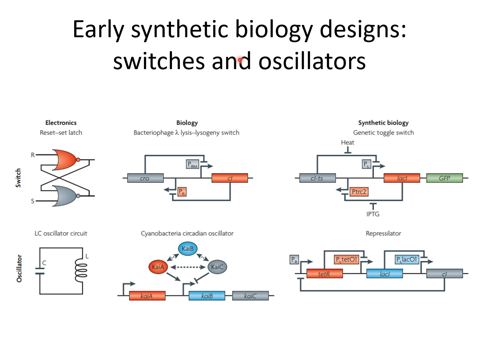So we can now talk about the two foundational elements of both electronics and biology, which are switches and oscillators. Starting with the switches, in electronics one of the simplest memory devices is called the RS latch, the reset-set latch. It's basically a bistable system built from logic gates, here called NOR gates.